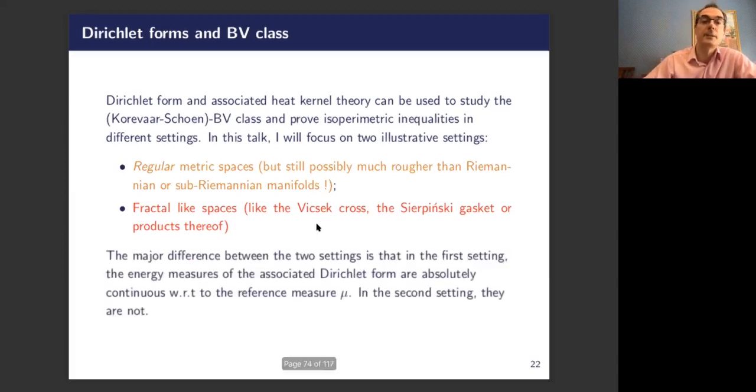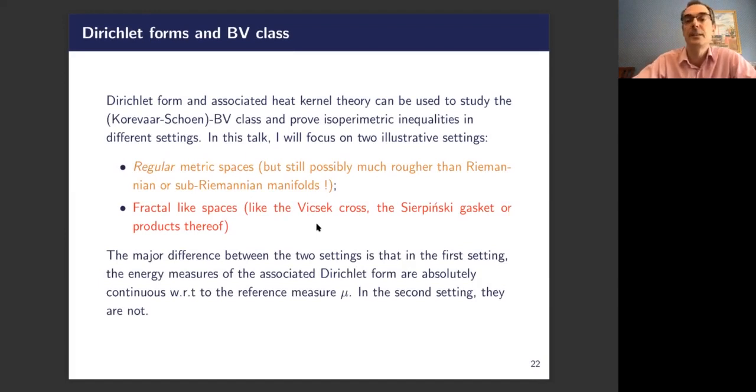The main difference between these two classes of spaces is that the relevant Dirichlet forms in the first setting are going to have energy measures which are absolutely continuous with respect to the reference measure. So we'll be able to take square roots. In the second setting, it's not possible anymore, because it turns out that the energy measures for the canonical Dirichlet form are singular with respect to the reference measure.